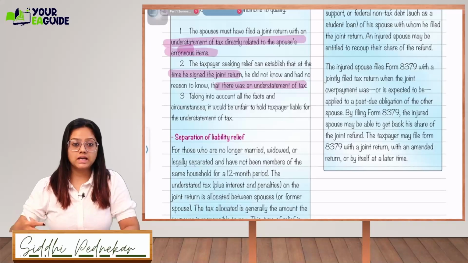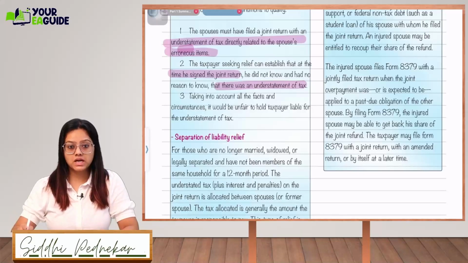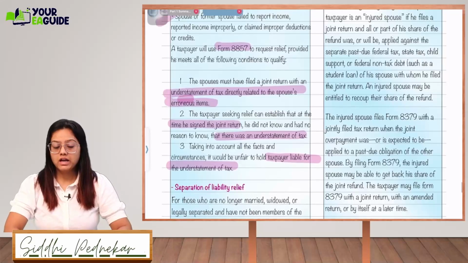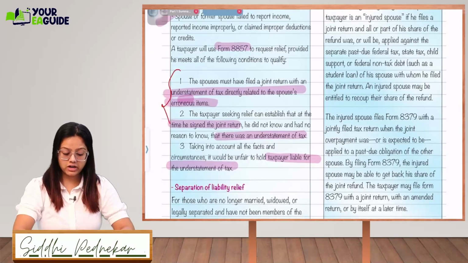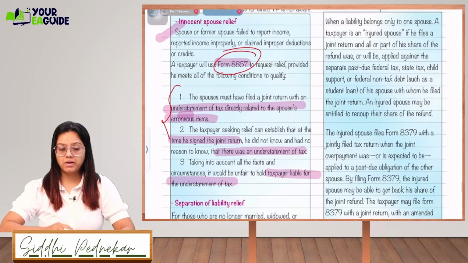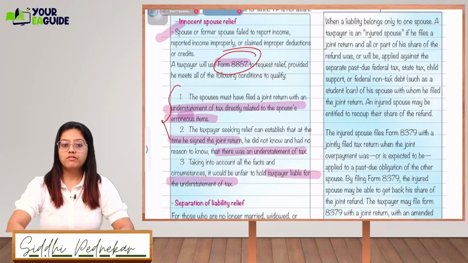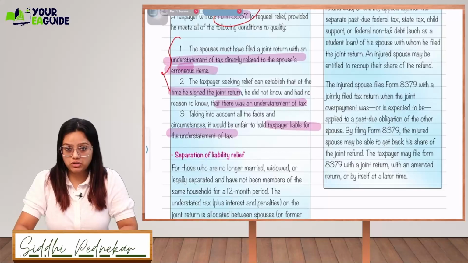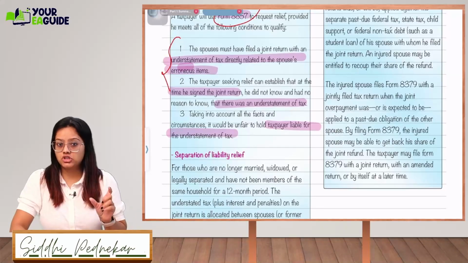Third is, taking into account all the facts and circumstances, it would be unfair to hold the taxpayer liable for the understatement of tax. If these conditions are fulfilled, she can easily file the 8857 form and take innocent spouse relief. She is now not liable to pay the extra interest and penalty mentioned in the CP notice.